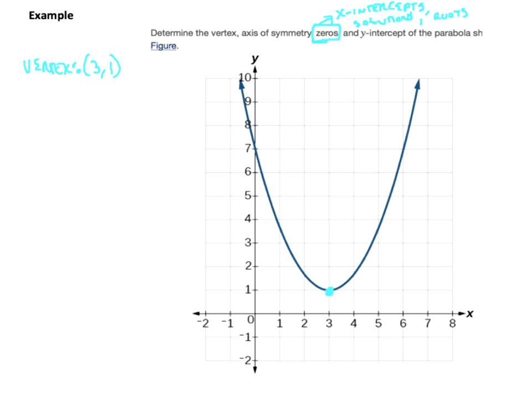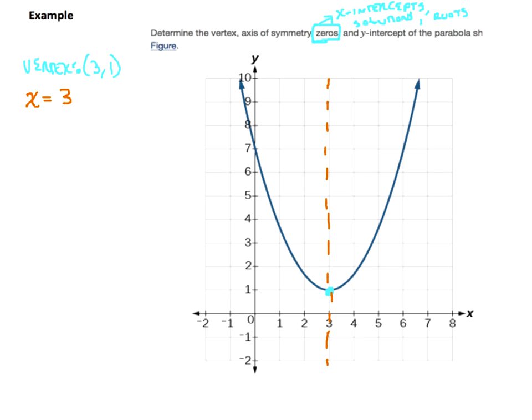Okay, let me get another color for my axis of symmetry. My axis of symmetry is the vertical line that runs through the vertex, splitting the parabola into two symmetrical halves. And that is x equals, well, you can see it goes through 3 at the x-axis, but it also goes through the x-coordinate of the vertex.